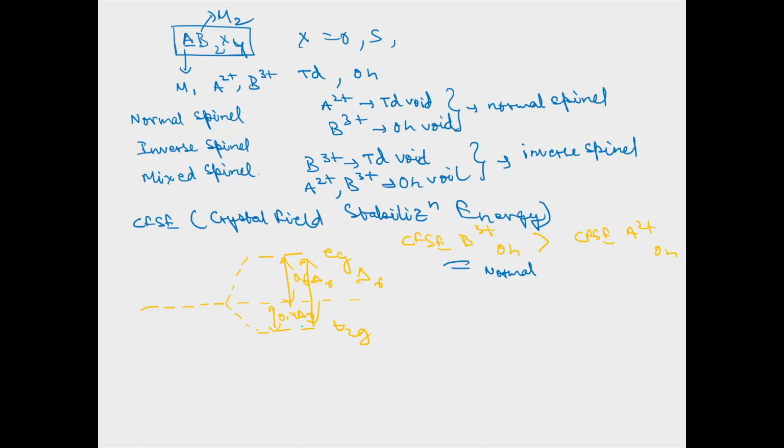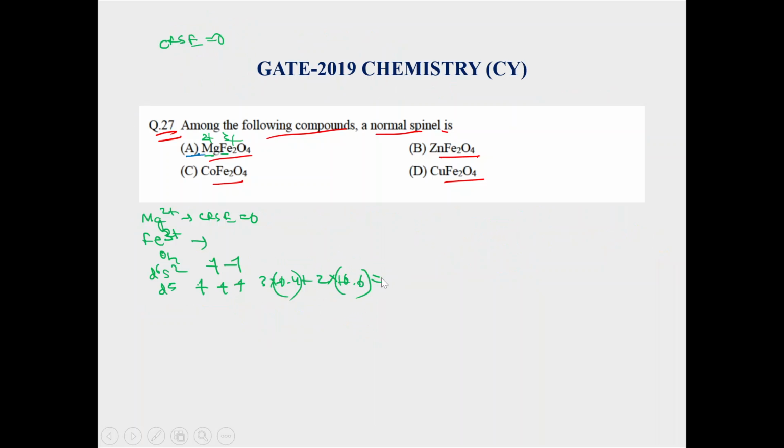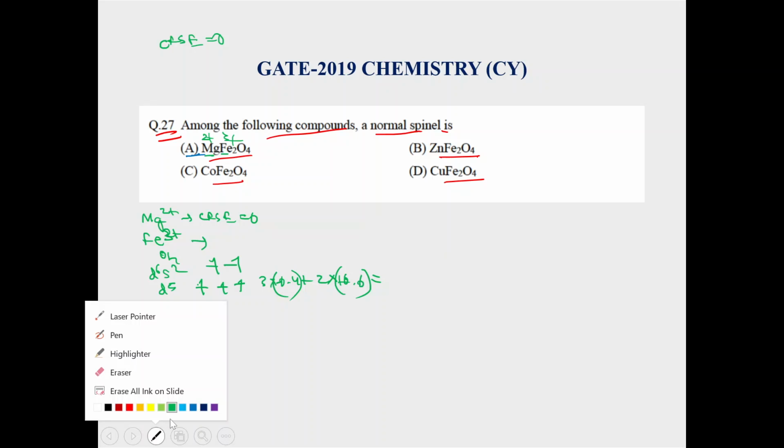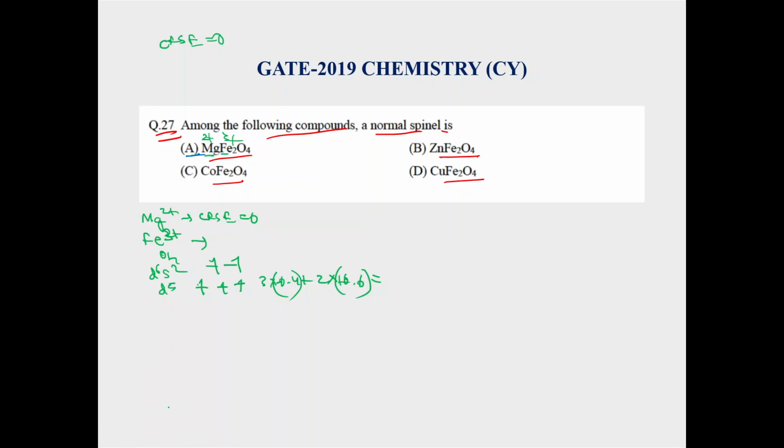So what CFSE value are we getting for d5? It is 0. So we can see that for both Mg2+, that is A2+, and the B3+ metal, the CFSE value is the same, which is 0. Also, magnesium and iron have a comparable size. Therefore, in this case the structure we will get is mixed spinel.